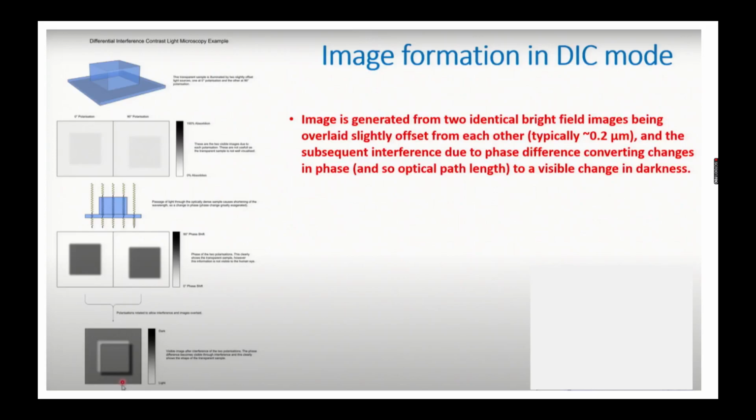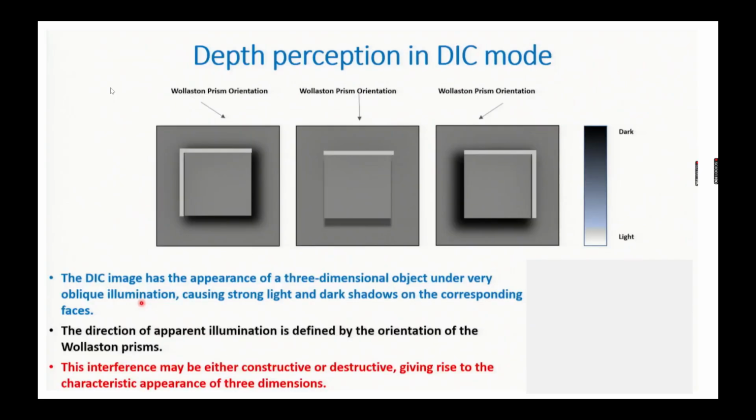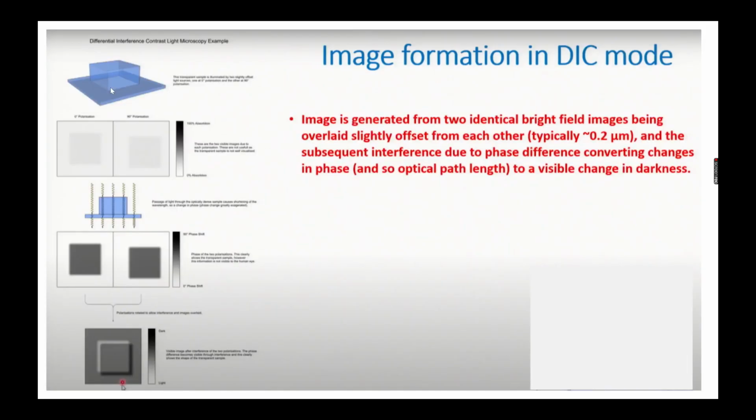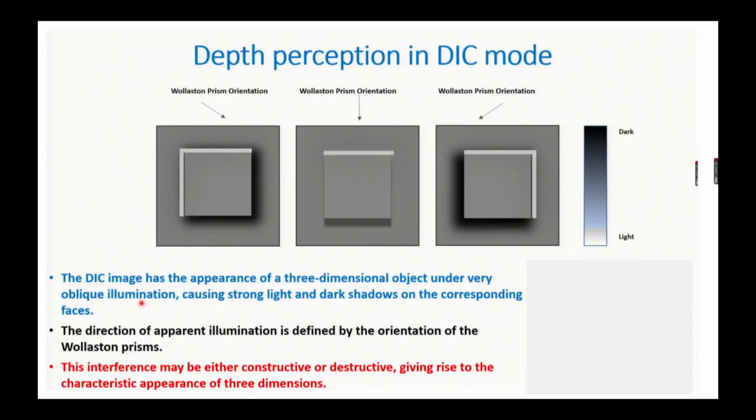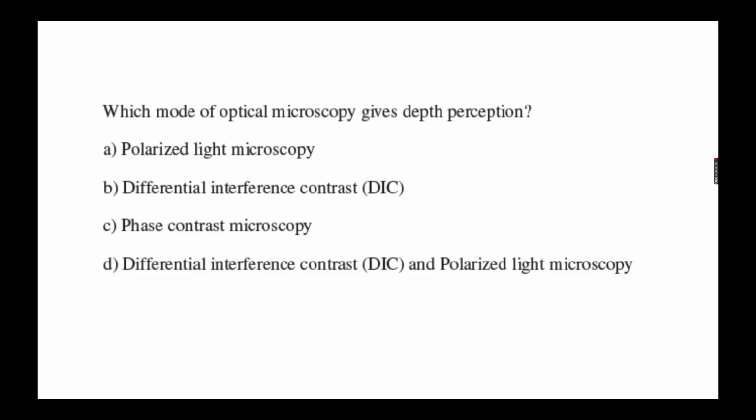Okay, so here you can see this is the image formation in the DIC mode. Suppose you have a sample which has a thickness. So actually the answer is DIC, not polarized microscopy.